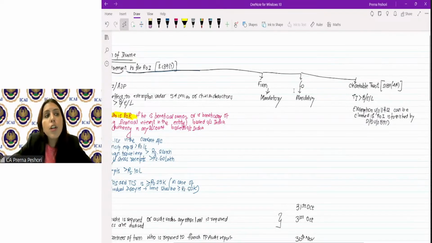Now, what will be the due date for the charitable trust, students? We have just now done the charitable trust class few weeks back. What is the due date, students? What is the due date of trust return for the charitable trust? What is the due date? Yes, students.